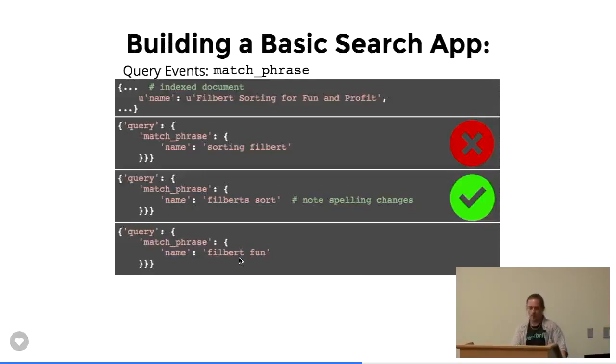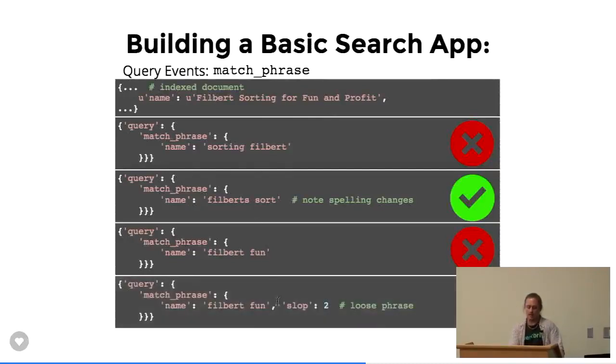Filbert fun won't match because there's space between Filbert and fun. Just more example of how match phrase works. But you can add this notion of slop, and everyone chuckles when I do that one. That's what it's called. You can add slop, and it'll find any document that has these two words within a space of two. And you can go nuts with this.